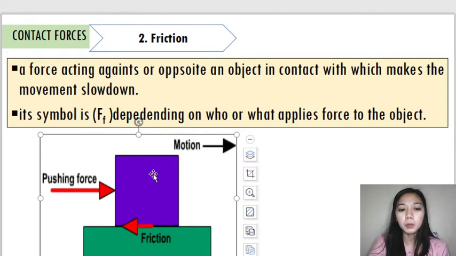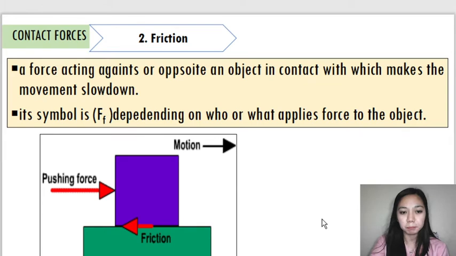So, between the box and the surface or yung ground, which of them will apply the frictional force? It is the ground or the surface. The ground or the surface will apply a frictional force towards the box. Okay? Kung yung movement ng force ng box ay papunta ng right, yung ating naman direction for the friction is to the left. Remember, friction is against or opposite on object in contact with.